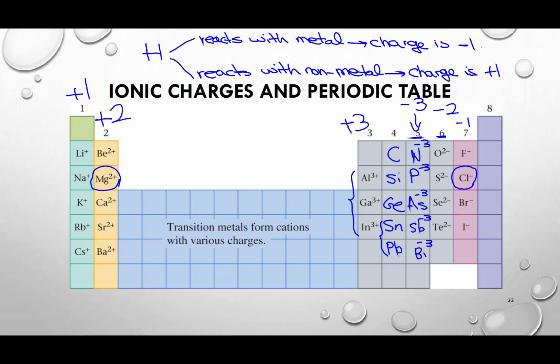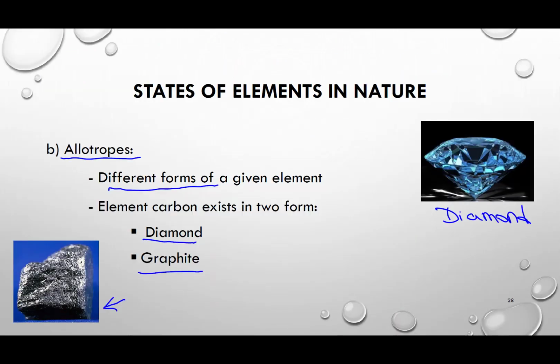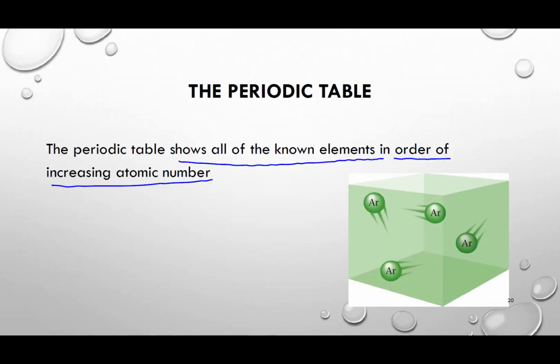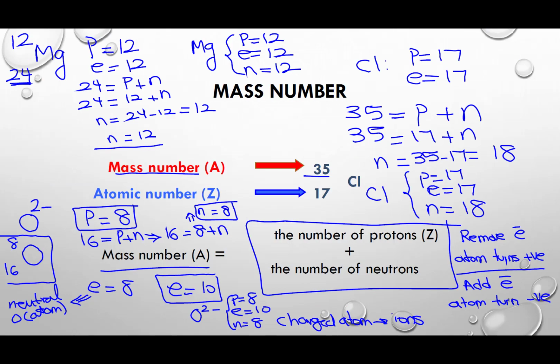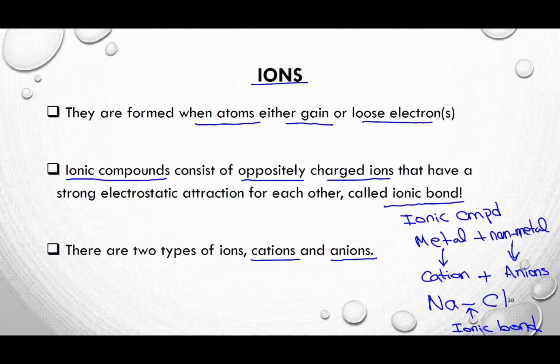Then what would it be? It's in group 7 and it's a non-metal. That's why it's -1. Okay, remember I told you guys to memorize the charges. And let's go back to our example. I went the other way, sorry about that.